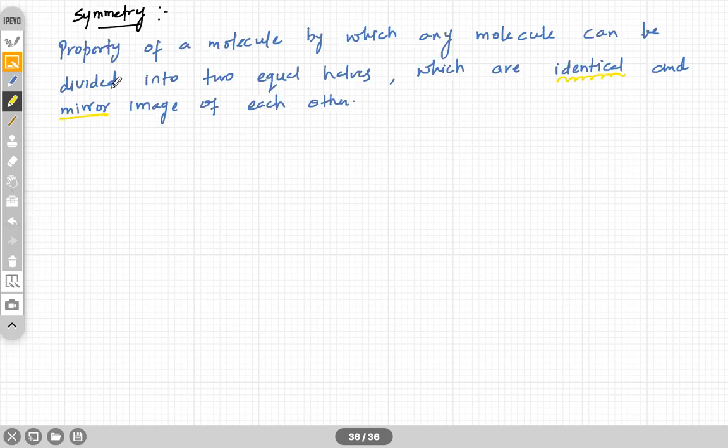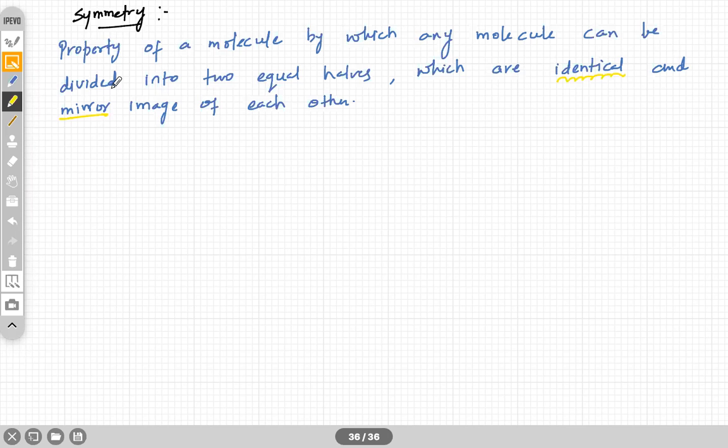Like in the last class we discussed the optical activity of a compound, and if you remember, we talked about chirality. There I said that the molecule must be chiral in nature to show optical activity.